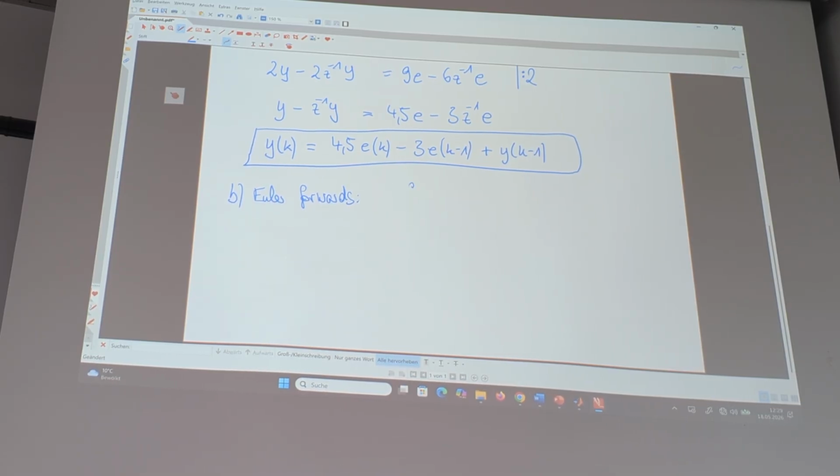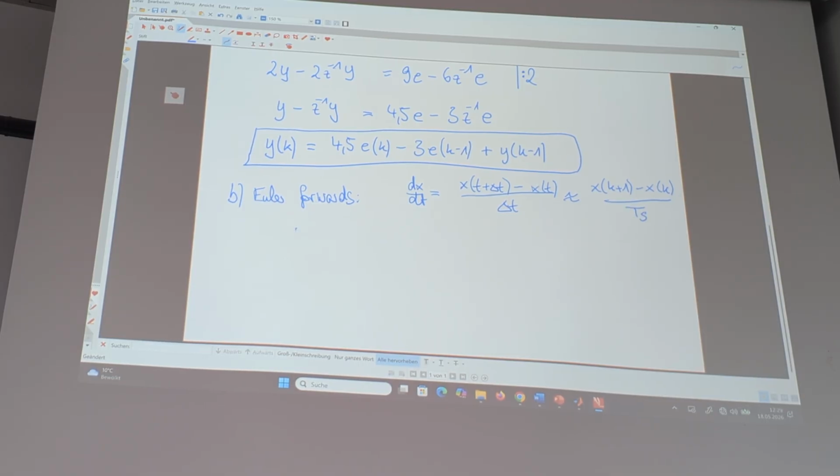Because then the derivative, dx over dt, is defined as x of t plus delta t minus x of t over delta t. And this is approximately x of k plus 1 minus xk over ts.